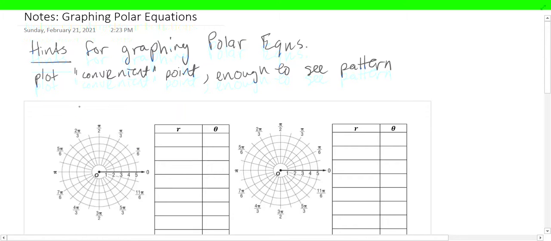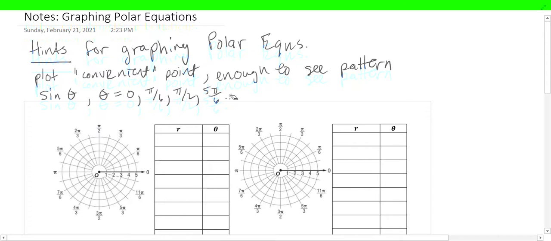So the first thing you need to keep in mind is that if you're talking about sine of an angle, the convenient angles are 0, and then pi over 6, and then pi over 2, and then 5 pi over 6, right?